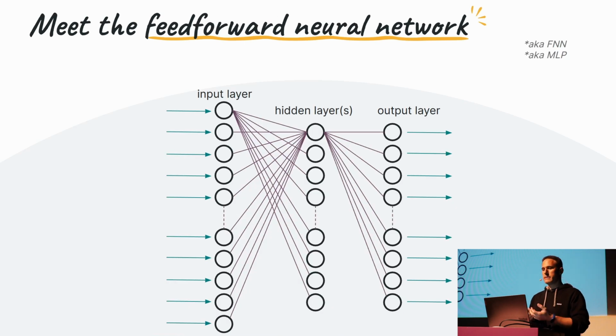So here is what would typically be called a feed-forward neural network, which is the plain vanilla form of neural network. If you're not familiar with this, they can be depicted as a graph, as here on the screen, made of nodes that are the neurons and edges connecting them.